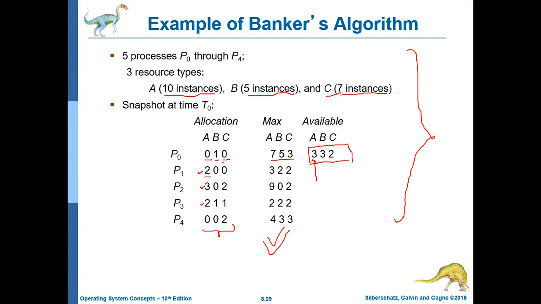How many B's have you allocated? 1 B here, 1 B here. 2 B's are allocated. 5 B's were total. Now 3 B's are available. How many C's? 2, 1, 2, so 5 C you have allocated, 7 C were total. 7 minus 5, that means 2 C's are available.